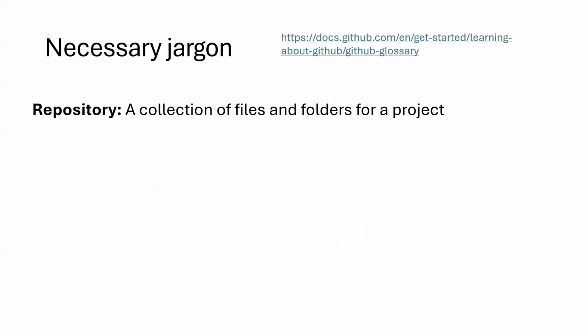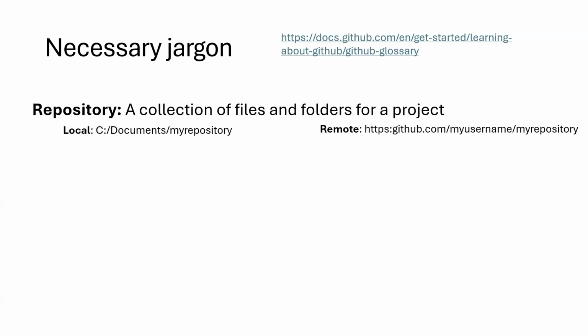I'm just going to introduce you to two terms right now. I think for other terms, it's easier to understand them as you use them. So, a repository is a collection of files and folders for a given project. There are two kinds of repositories. The local repository is just a folder that lives on your computer, and a remote repository is a folder that lives on a web server that you access through a URL.